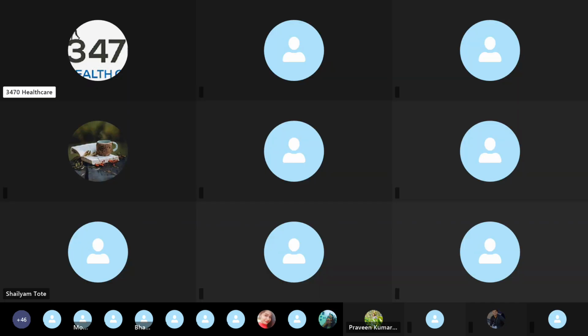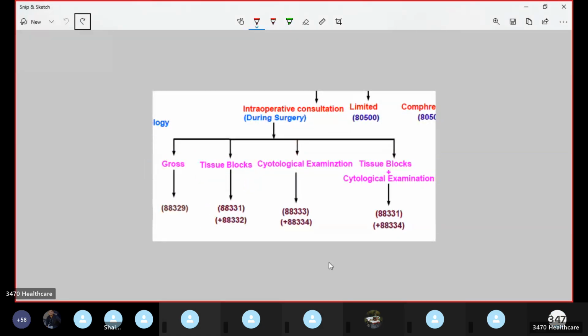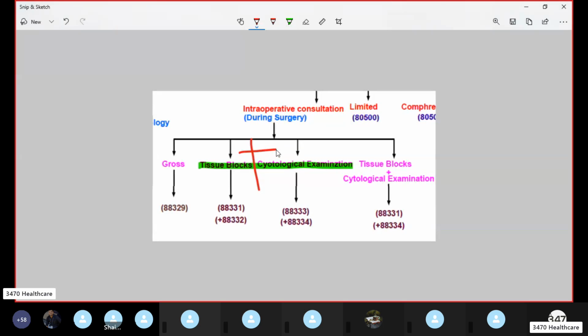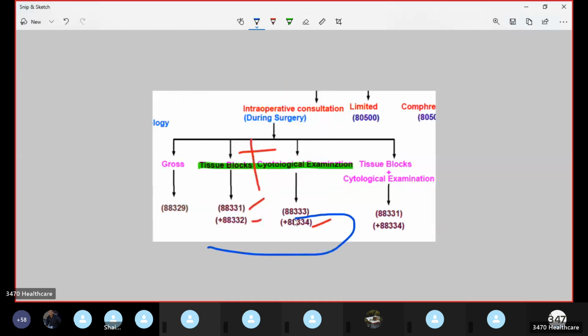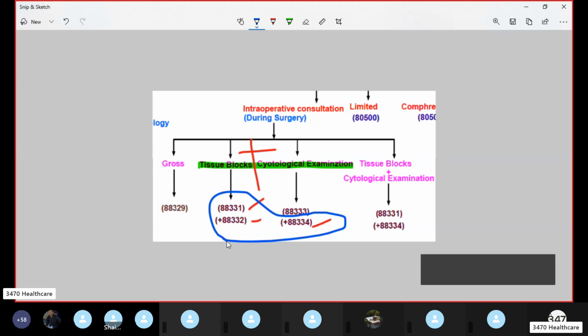Okay, yes, correct. Suppose in one encounter, at a time, tissue block and cytological examination both come. Tissue block plus cytological examination both coming: tissue block primary code, add-on code, and cytological examination add-on code.